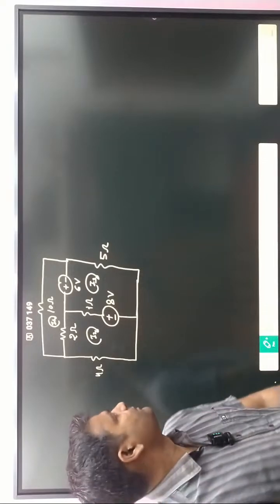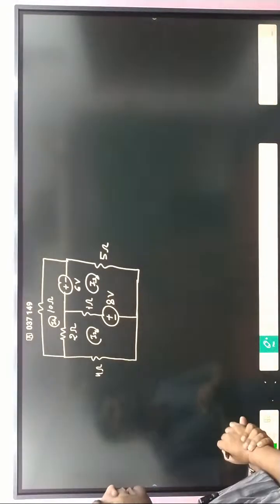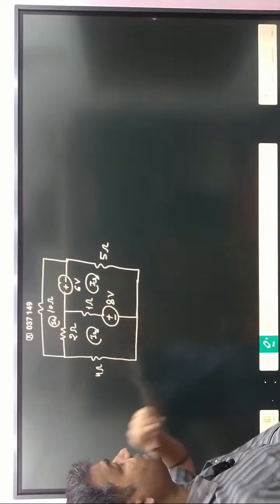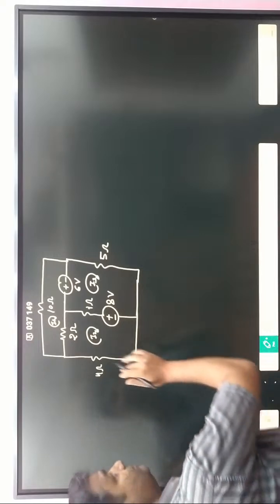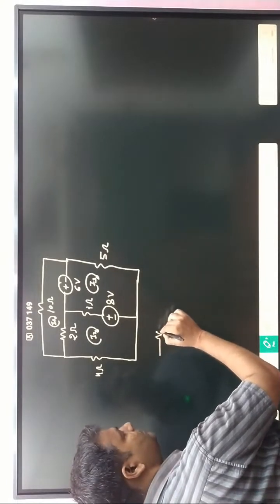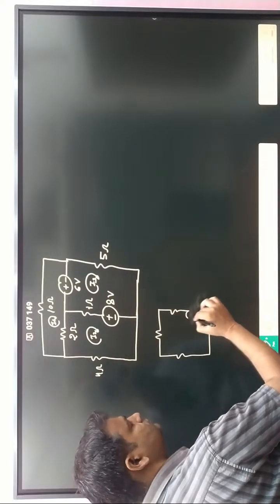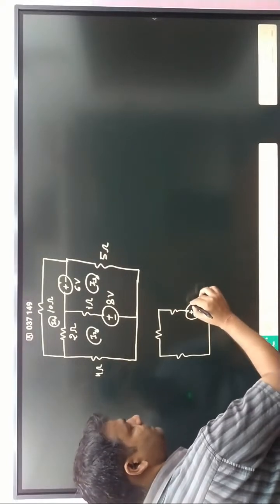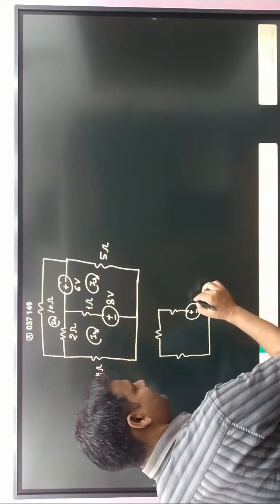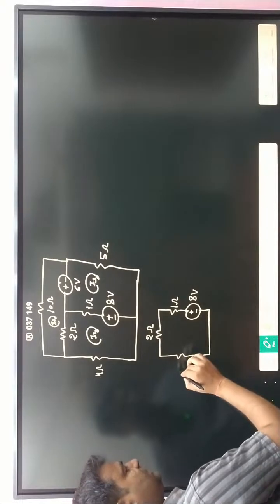Now, how can we do it? First of all, if you see very carefully, this one is loop current I1, here I2, and that is I3 current. So plus minus, it is 8 volt, sorry, 8 volt, 1 ohm, and that is 2 ohm, and that is 4 ohm.